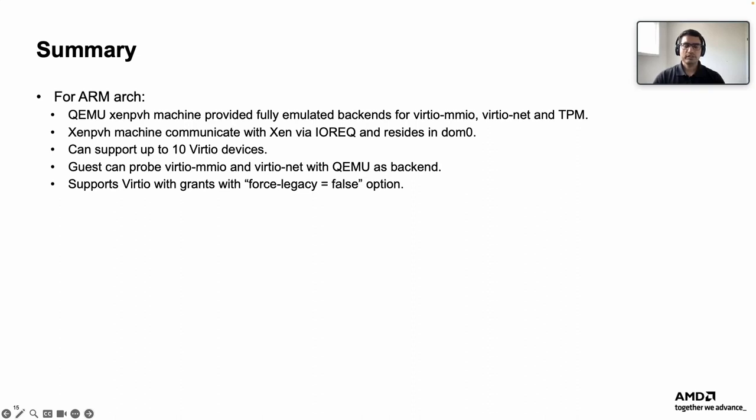This can support up to 10 devices, and it's very easy to expand or add different VirtIO devices to this QEMU, as QEMU in general already has support for those VirtIO devices, and adding them to this Xen machine will not be too much extra work.